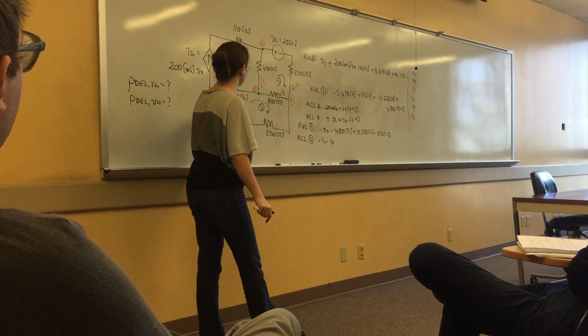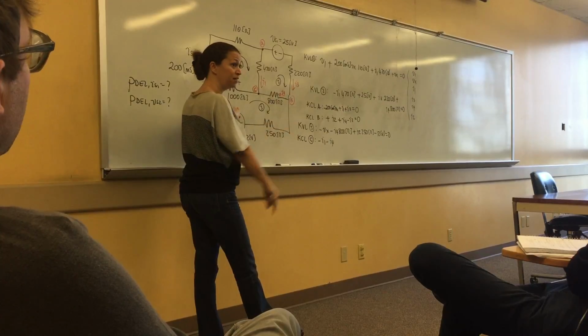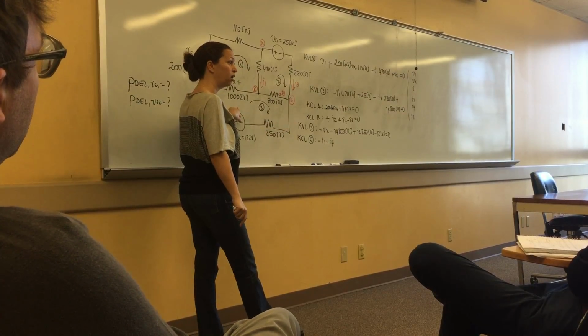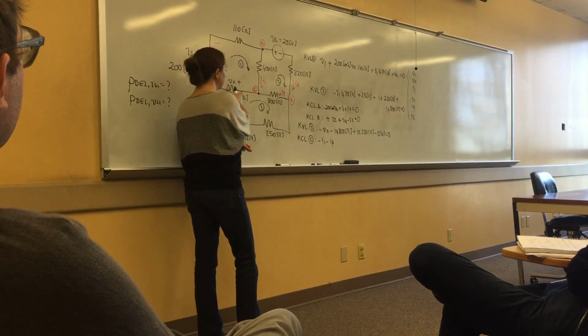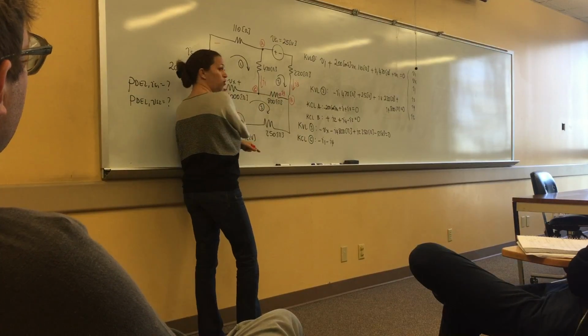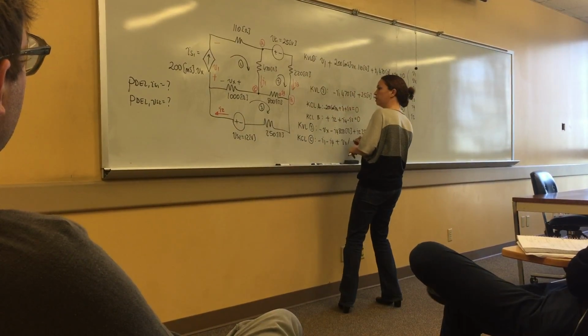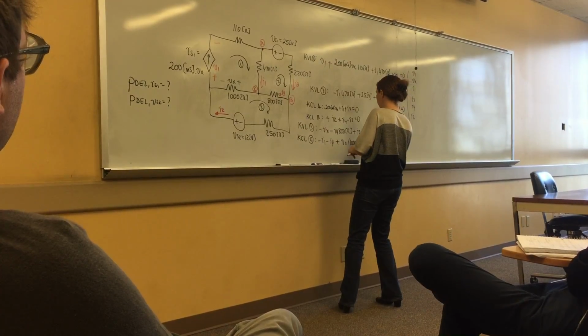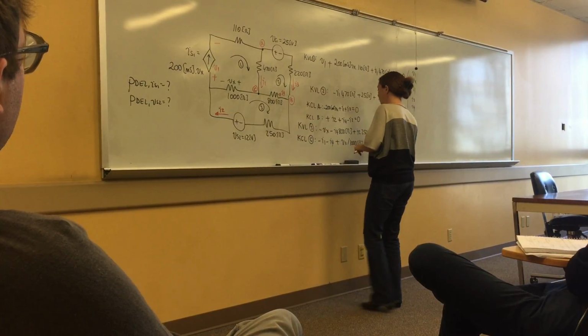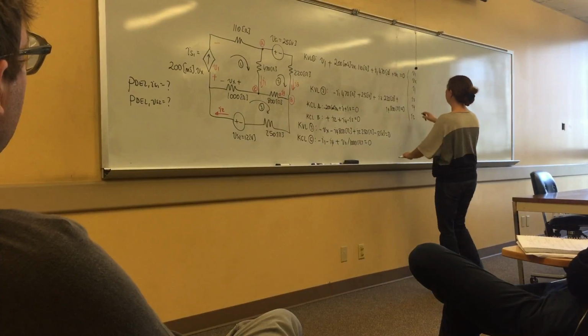And can I write this current in terms of something in my list? I1 plus I4? I can, right? So that's Vx over 1000 is the current leaving the node. So plus Vx over 1000 equals 0. Let's see. I1, I4, Vx.